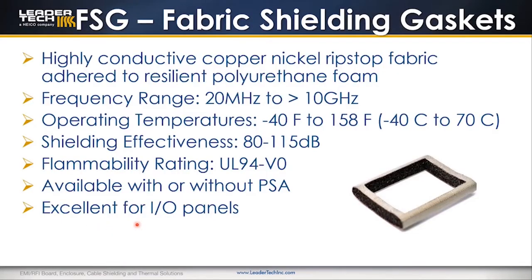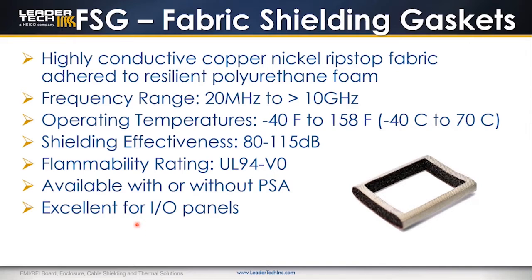We have many standard sizes and shapes available for our fabric shielding gaskets, and they are easily customized as well. We can make new sizes to the standard shapes and can also accommodate custom shapes to fit your application. The material can be die cut and laser cut, as you see here, and is great for custom I/O panels.